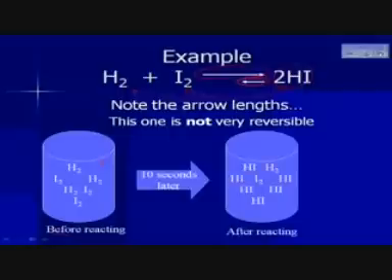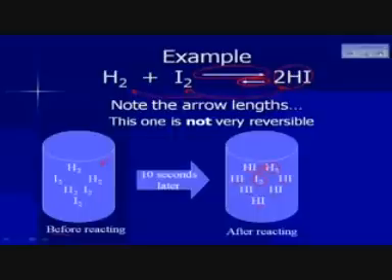But there's also a little bit of hydrogen and iodine still left in that container. Not necessarily because it didn't react, but because some of this HI, the product, has gone in the reverse direction. It has started reforming the reactants that we started with.